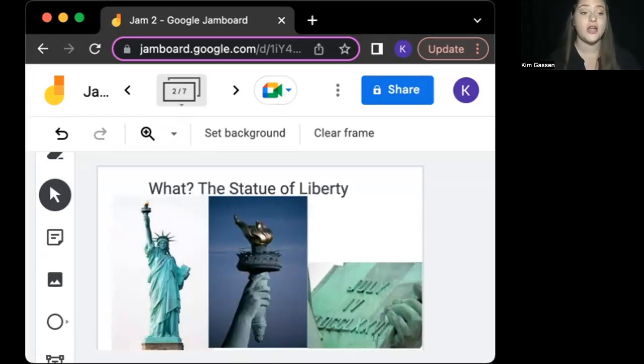She is 305 feet tall, including her pedestal. The arm holding the torch is all the way raised up. That's her right hand. And she also has a tablet in her left hand that has the date of the Declaration of Independence written on it.